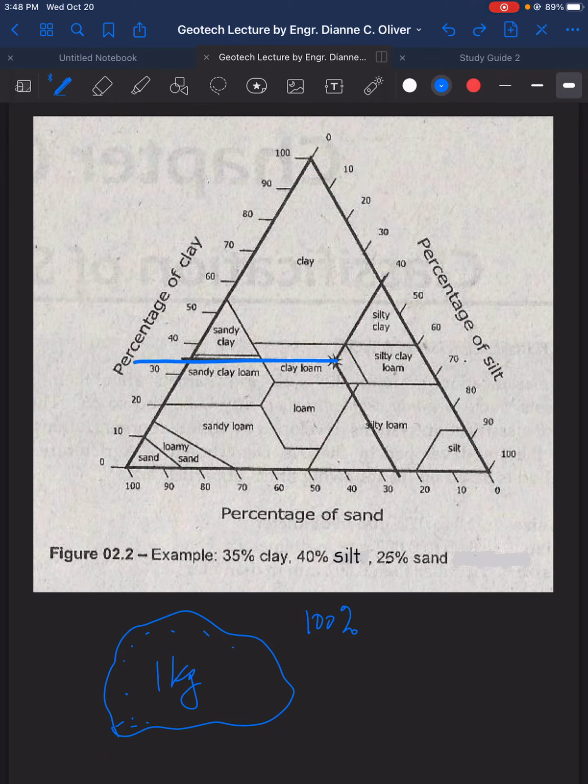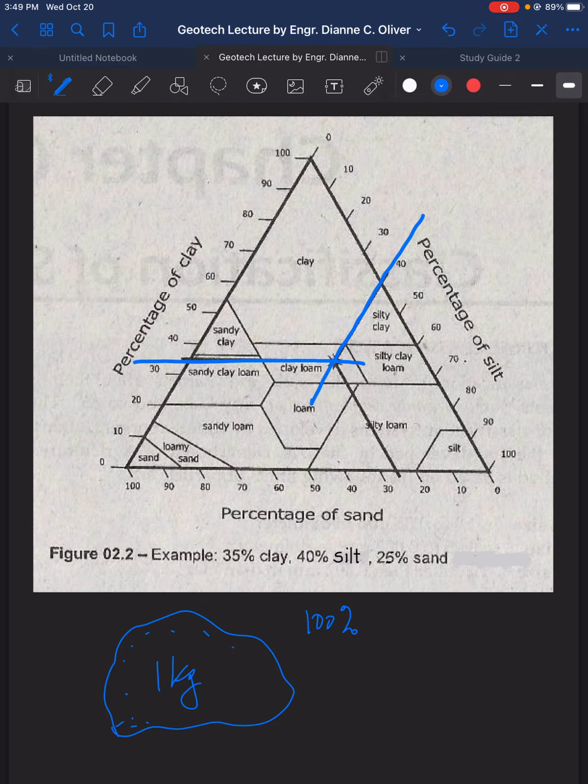And that 40% is this portion here. And take note of the line here. For clay we had a horizontal line because the lines here are horizontal. This one is slanting. So let's follow the slant of the line and draw a line from the 40%. So we have here.